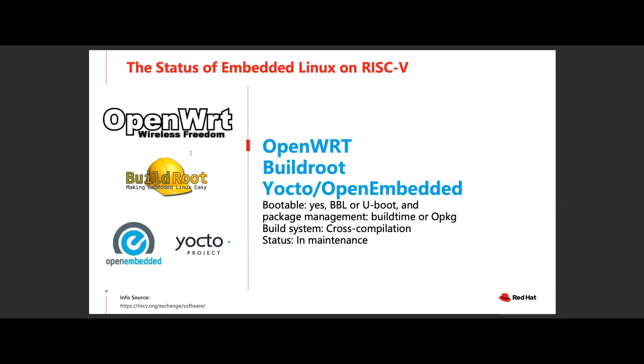Package management is handled at build time in the recipe or makefile, and with OpenWRT you can also install packages with the OPKG package manager. But the common feature is that they use cross compilation. All these distributions are maintained, so we are happy that embedded systems can run on it. Next slide, please.